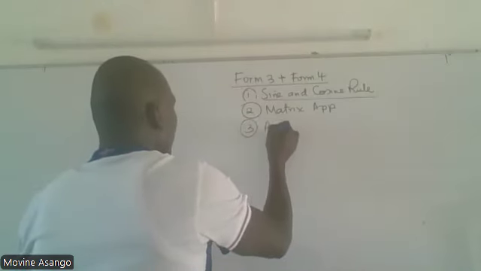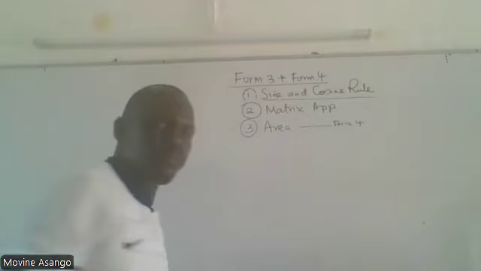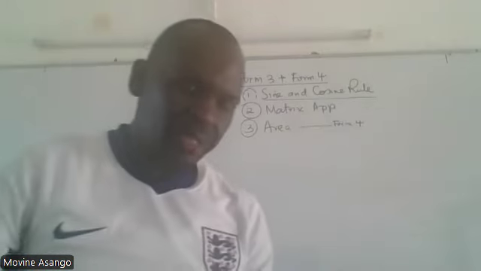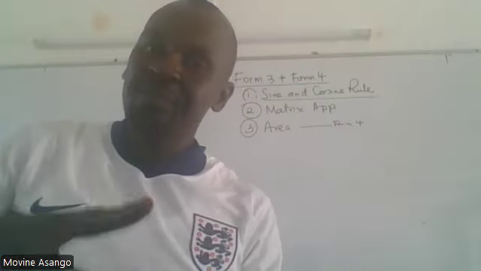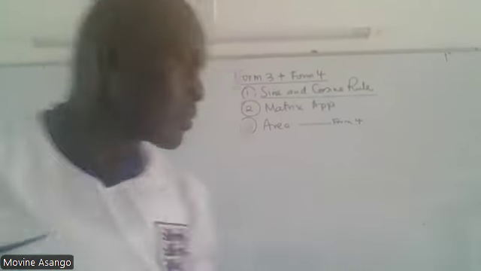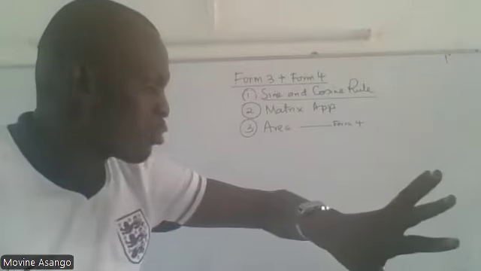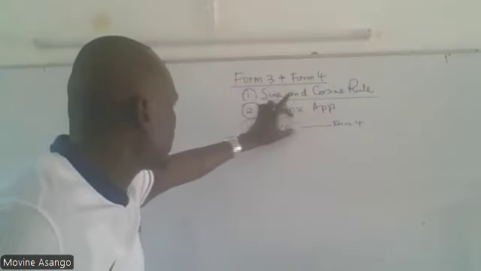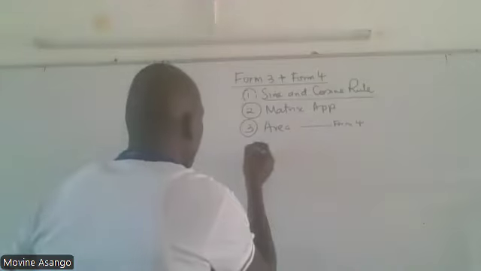Number three is area. Estimation of area using the trapezium rule, the mid-ordinate rule, and by integration. Very important part, and I will take the last 2 minutes to clarify something in area. So area is important from calculus.